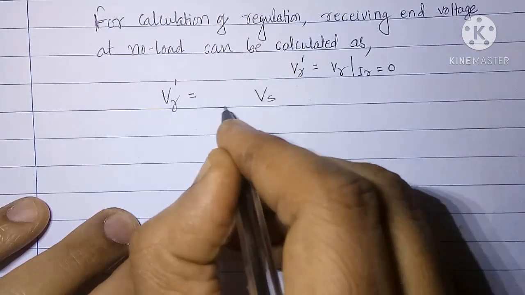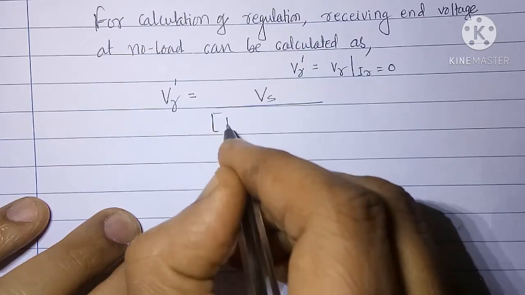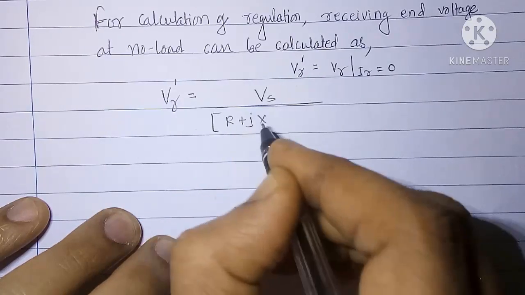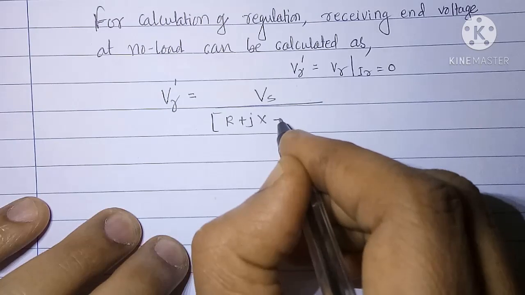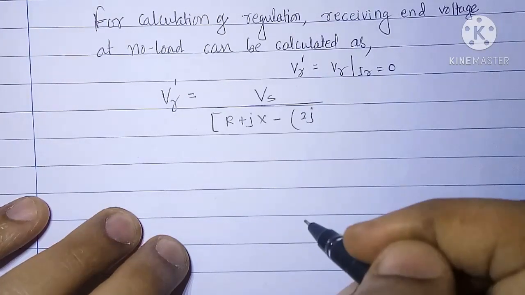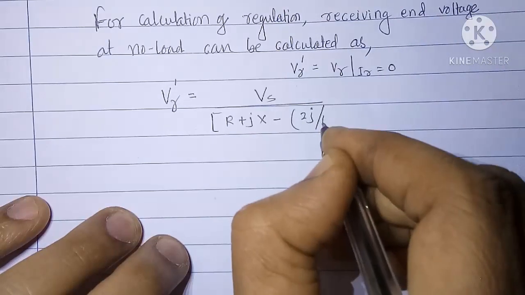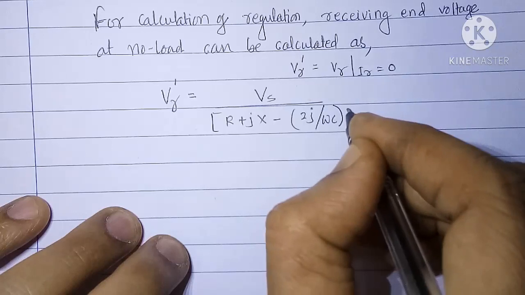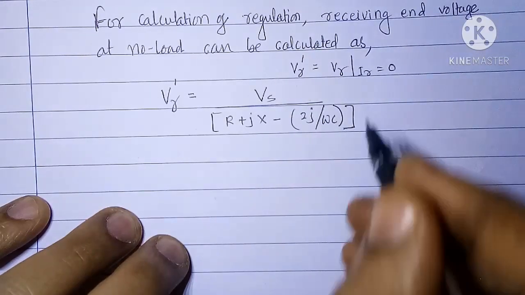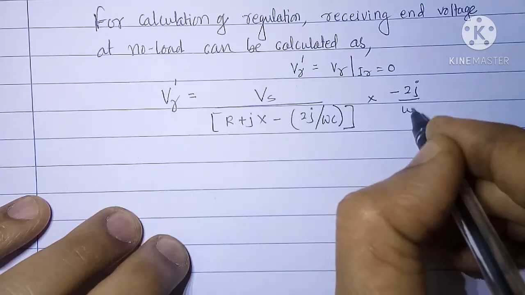VR dash equals Vs divided by R plus Jx minus 2j by omega c, into minus 2j by omega c.